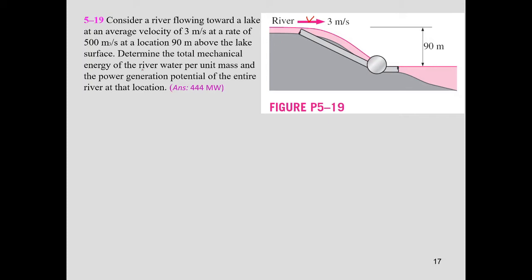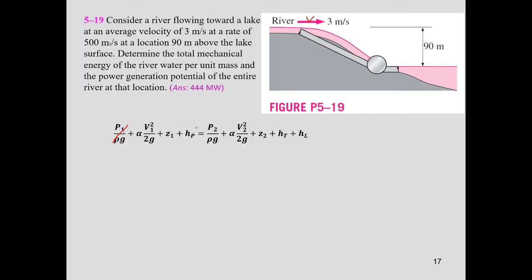Determine the total mechanical energy of the river water per unit mass and the power generation potential of the entire river at that location. Again, same as before, start with the equation and then find anything that you can cancel from the equation. From the river surface, P equal to 0. Velocity is given here, 3 meters per second. Z is equal to 90 meter.